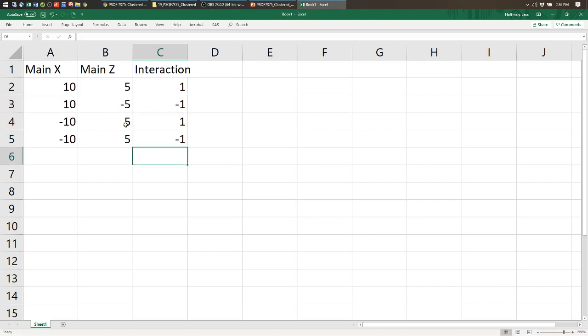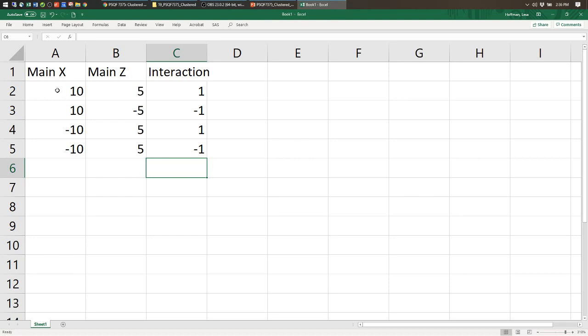So if I want to talk about the main effect of X, what does the interaction do to the main effect of X as Z increases? Which pattern is this? More positive. If I want to focus on Z instead, what? Same pattern, right? Let's do the next one.